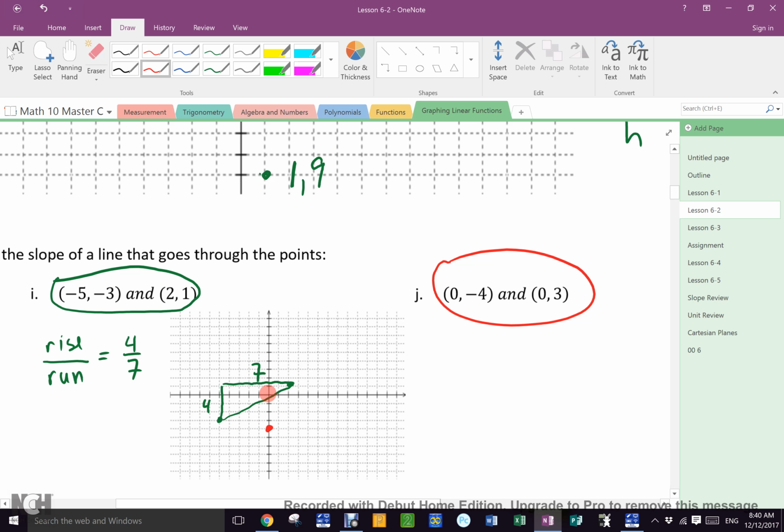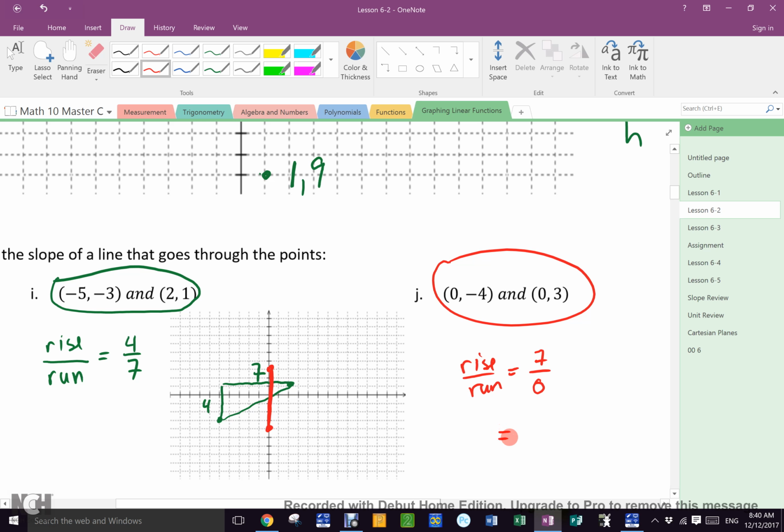How far? 1, 2, 3. That is the line. What is the rise? How do I find it on a graph? Count. How far did I go? 7. How far did I run? 0. Is that allowed?